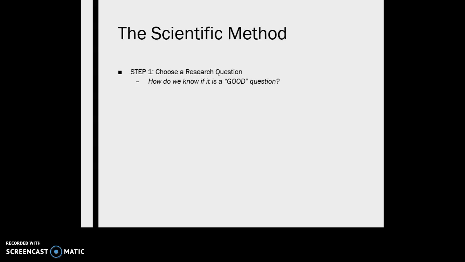Through our lectures and discussions, we're going to talk about how we can tell if a research question is really a good one, whether it's worthy of exploration. Two of those things are that it adds new knowledge, and that it can be tested empirically. We'll talk more about that later.